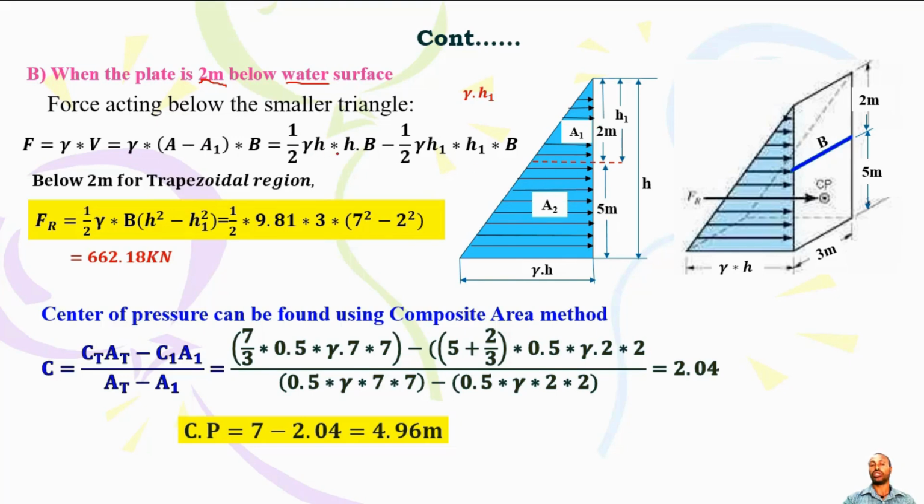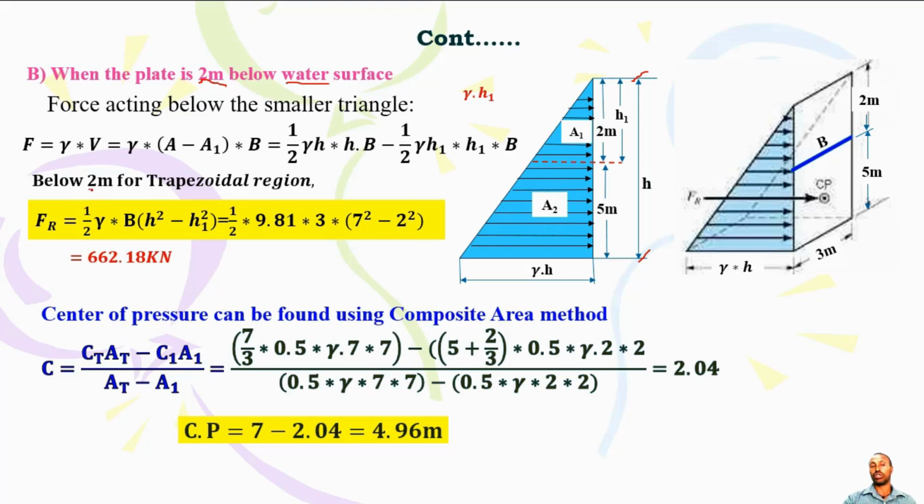So half gamma H times H, where H is the total from here up to here, and B is the dimension, which is width, then half of gamma H1 times H1 squared. You can subtract this one to get A2. So I think you can find the resultant force, which is important.